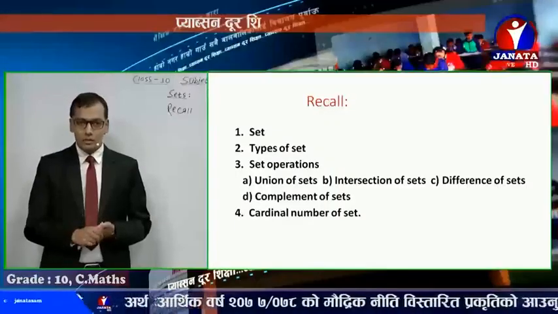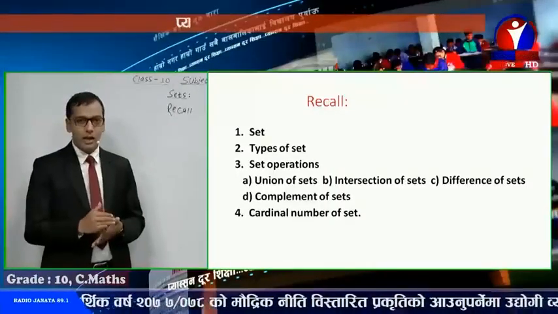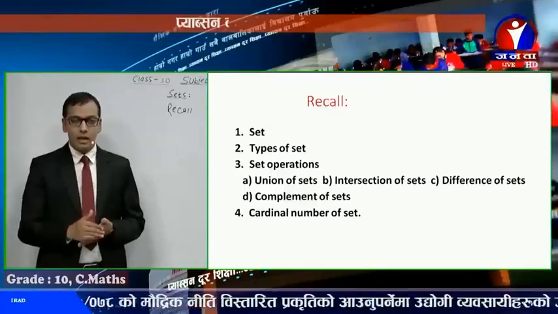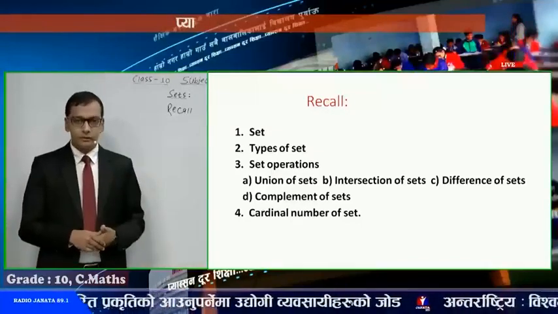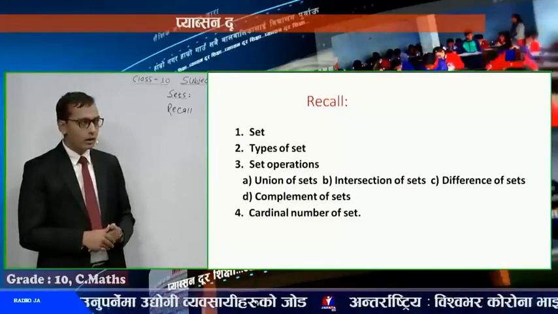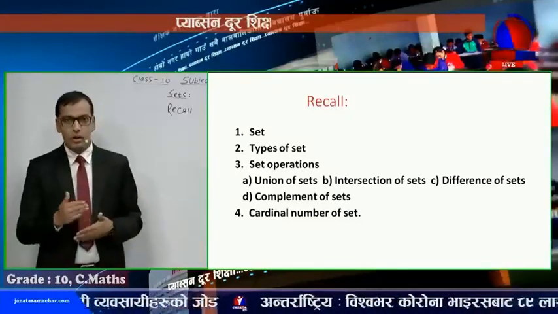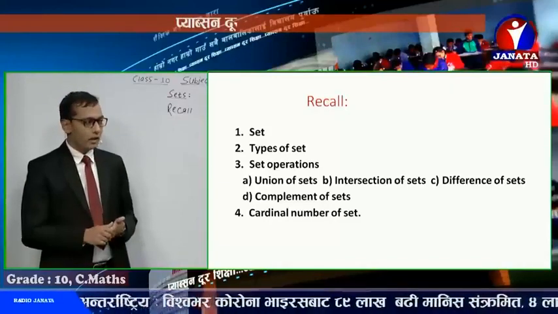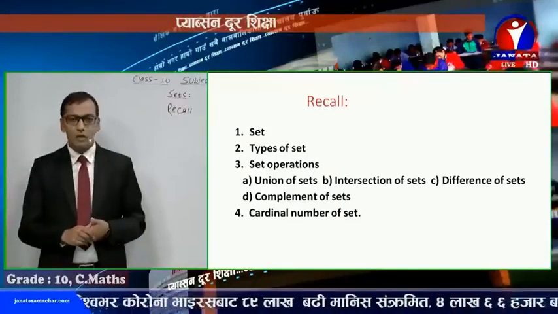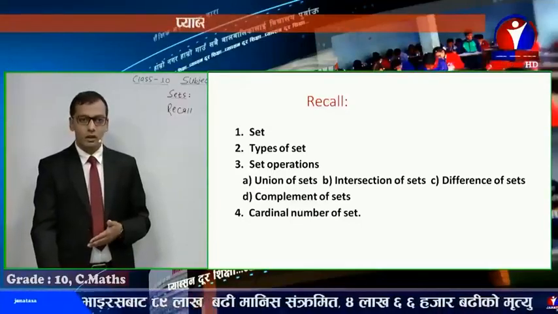So today let me talk about cardinality, the cardinal number of a set. We can have a short look at the slide. There are different topics which were already discussed in our first class on Friday. The last one is the cardinal number of a set.